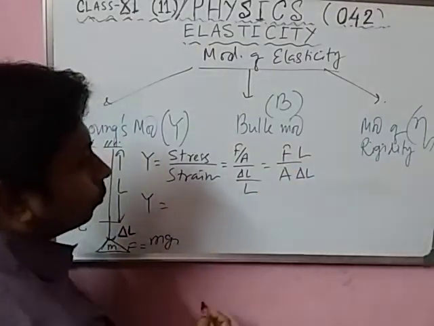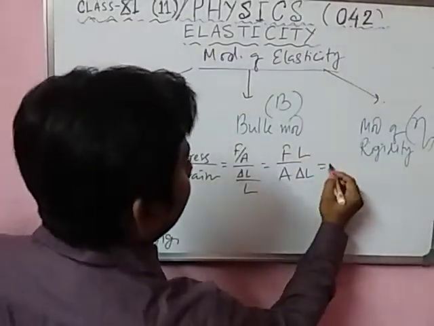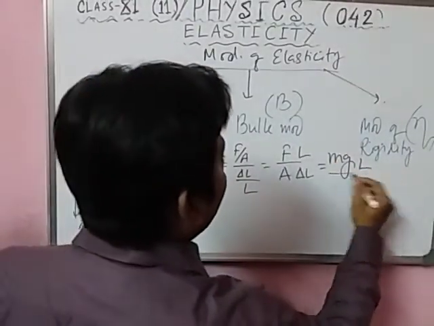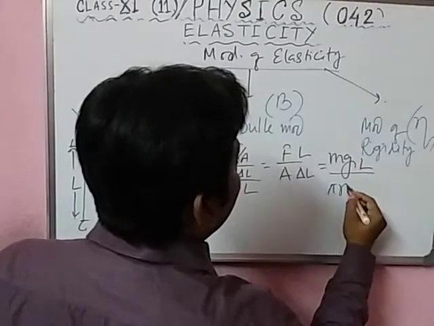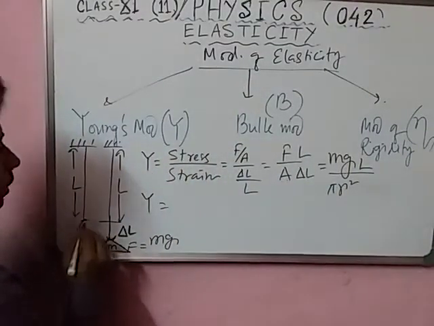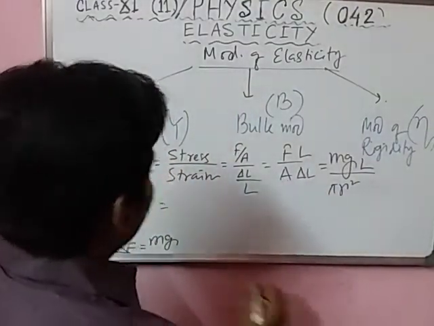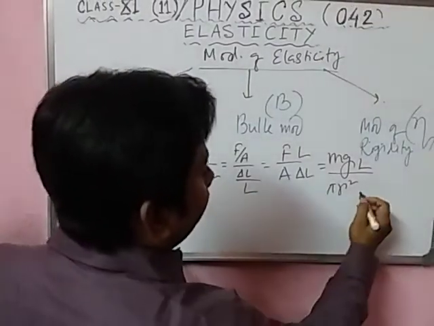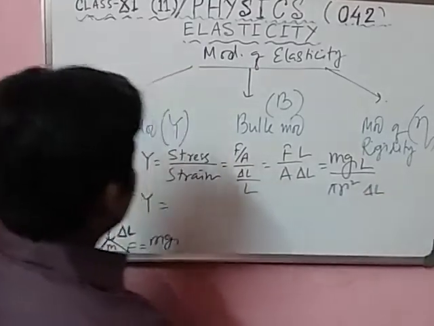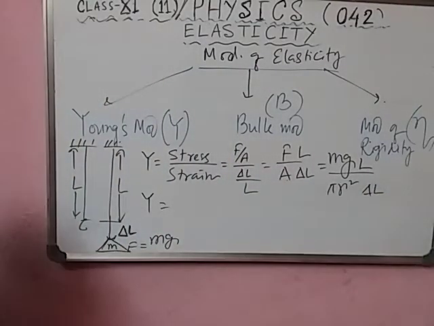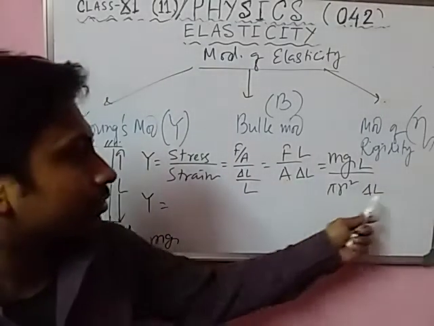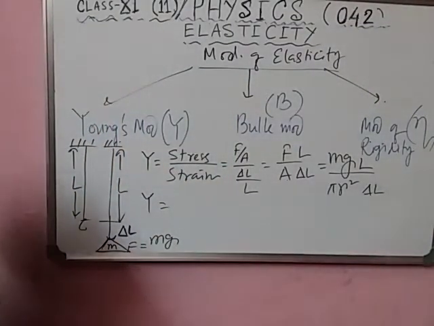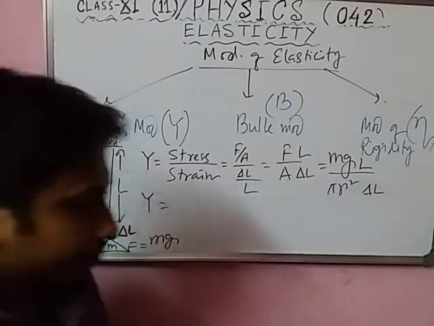So in place of force we can write mg into capital L, and area means pi r square, where r is the radius of the wire. So Y equal to mg L by pi r square into delta L. Okay, please copy, students. Pause the video and copy.